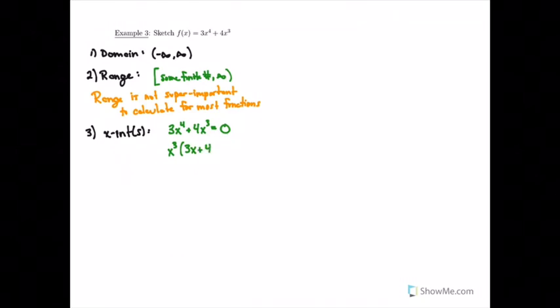We're left with a 3x plus 4. This will give us x equals 0 and x equals negative 4/3. So we have x-intercepts of, again, the origin and negative 4/3, comma 0.